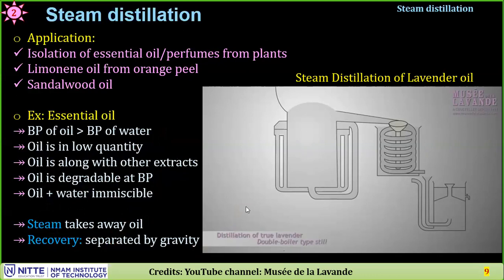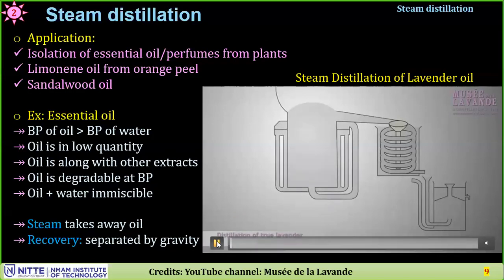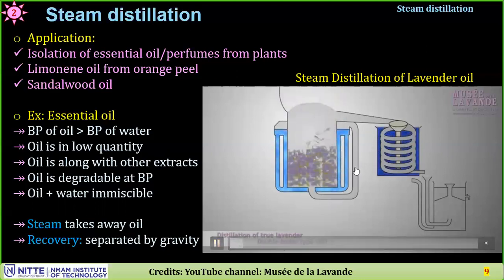Now let's have a video demonstration of this particular case, steam distillation of lavender oil. So you have a steam generator. This is the plant extract, you can say. You have the liquid outside, that is the steam. The steam is heating it here, and the steam is taking away the lavender oil.